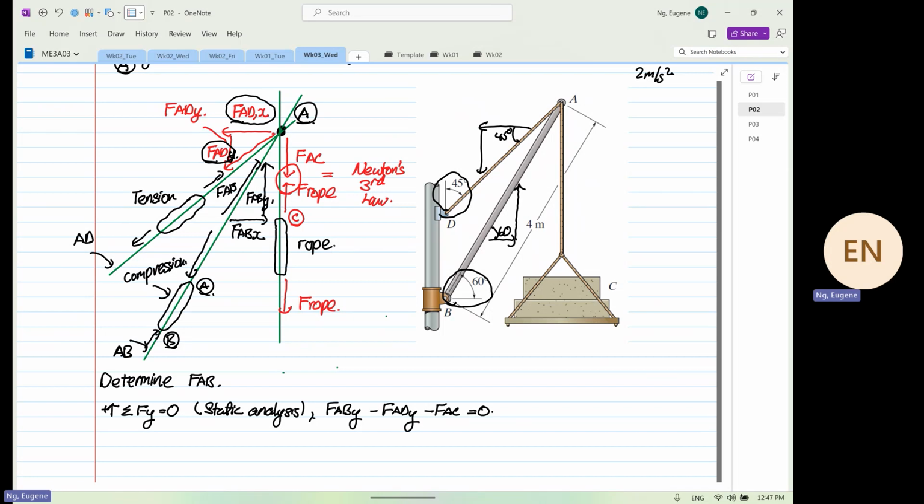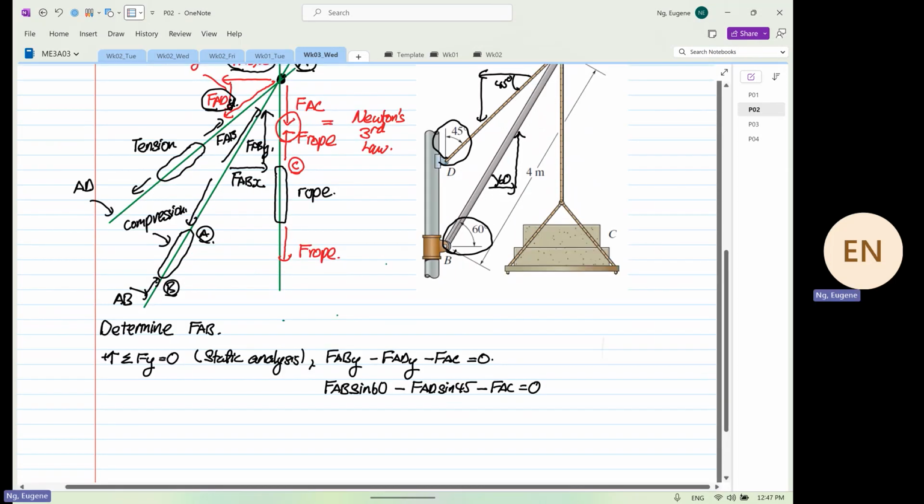So FABY is equal to FAB sine 60, minus FAD sine 45, and then minus FAC, and the whole thing will be equal to 0.